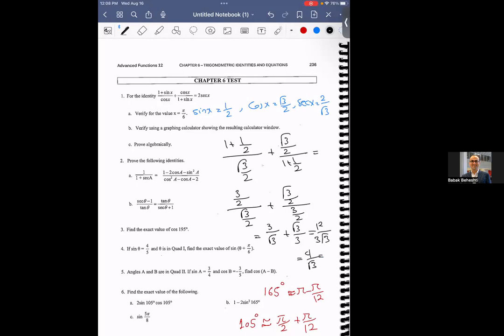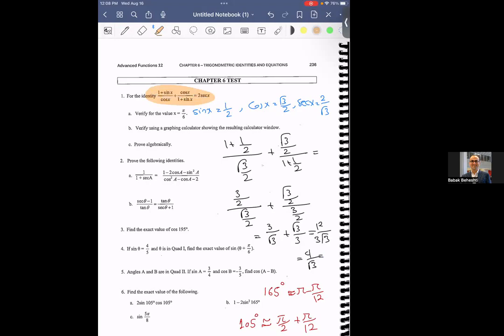Do you want me to do part C? Can you do it yourself? Oh, only for part A? For C, no, you have to prove it in general for any x. For any x, you have to prove this identity.